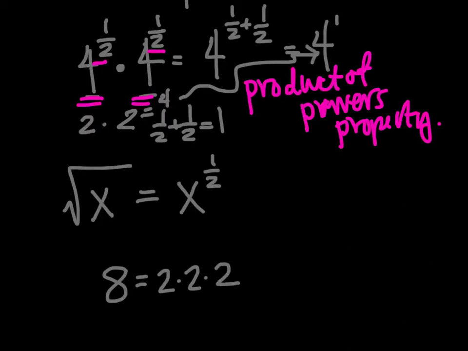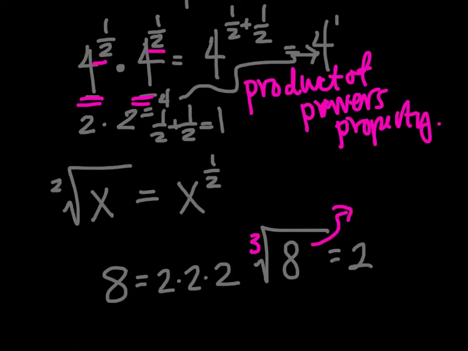So essentially, the cube root of 8 equals 2. Well, the square root of x is equal to x raised to the 1/2 power. The cube root of 8 we could also rewrite as 8 to the 1/3 power. Essentially, what number times itself 3 times would get me 8? Well, 2 3 times would get me 8.